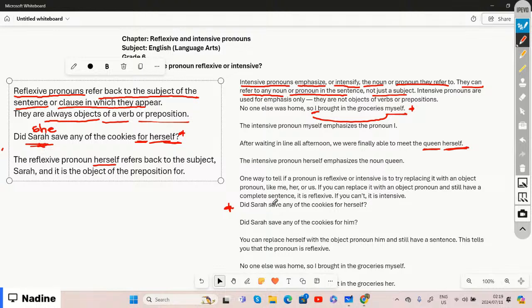It says, did Sarah save any cookies for herself? So herself refers back to Sarah. The next one says, did Sarah save any cookies for him? And him refers to someone else.